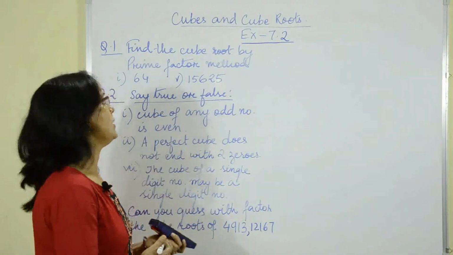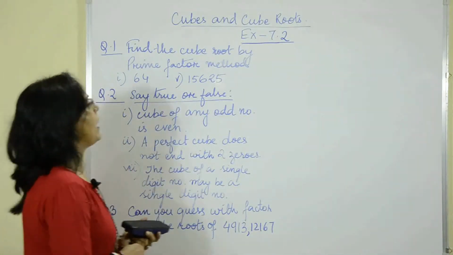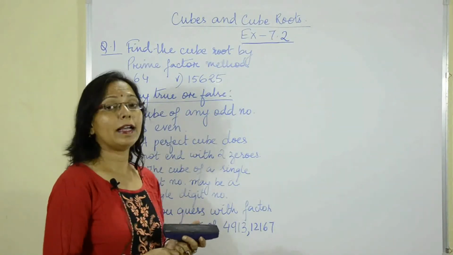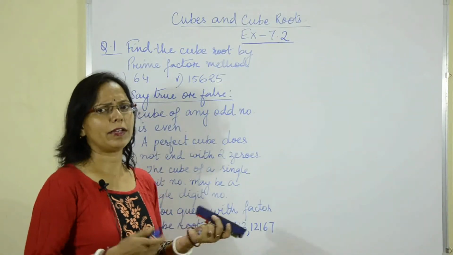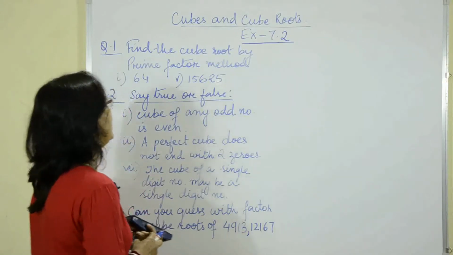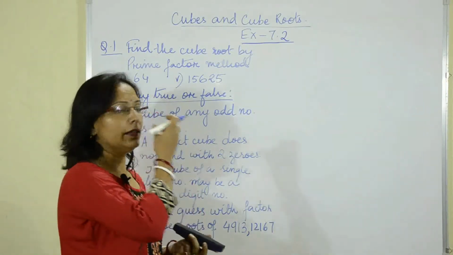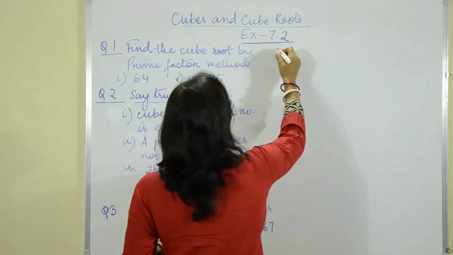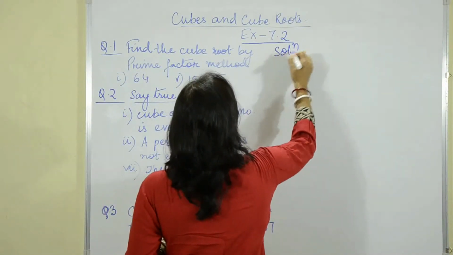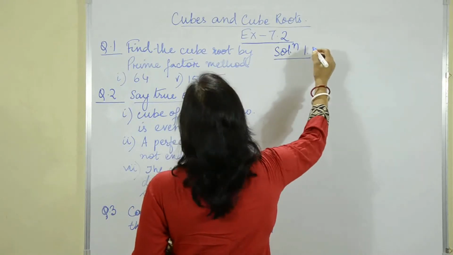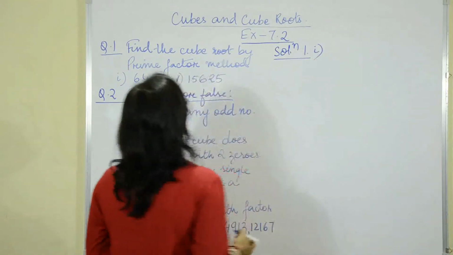The first question is, find the cube root by the prime factor method, or prime factorization method, whatever you can say. I have taken two questions here. For the solution of 1, I have taken 64.